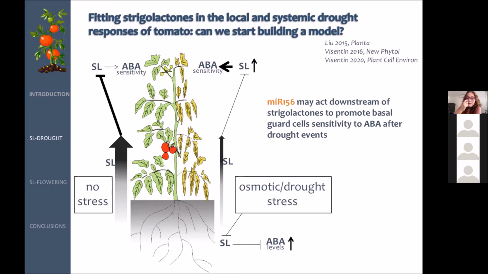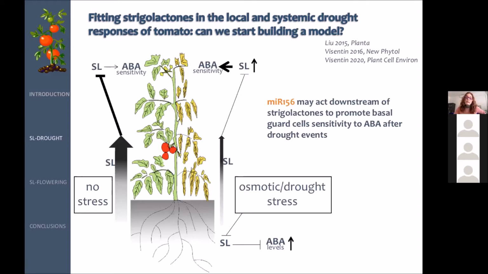We're starting to know now a little bit about the mediators of this effect of strigolactones on ABA sensitivity. One such mediator may be MIR156. This is a microRNA that has known developmental roles, and we will hear a bit about it later because of these developmental roles.